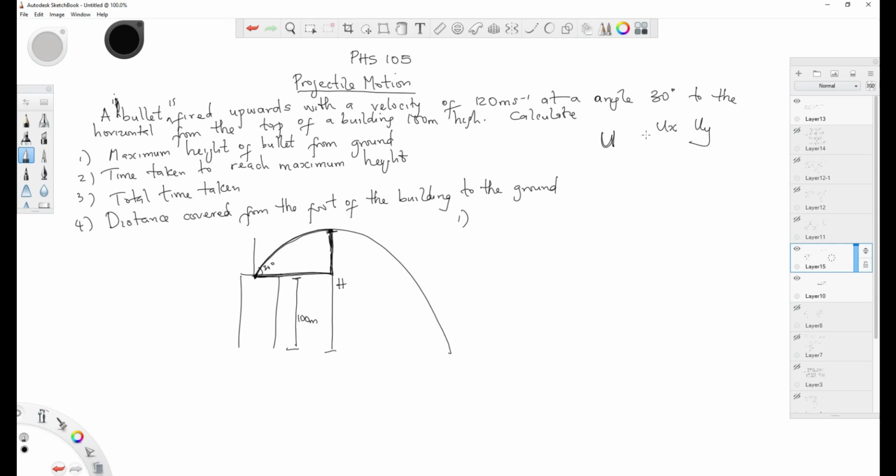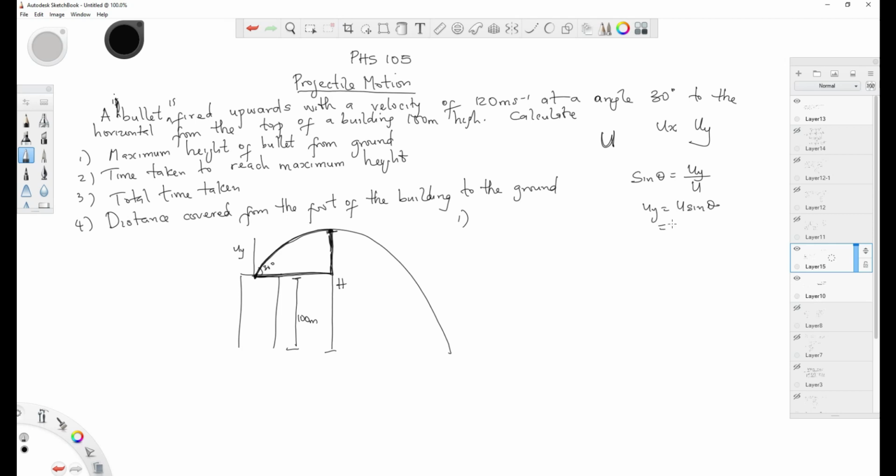So now remember that in order for us to work this thing out, it is uy that we need. So let us first get uy. And what's the formula for getting uy? We did it earlier in this video, and the formula for getting uy is sine theta, which is opposite over hypotenuse, and uy equals u sine theta.